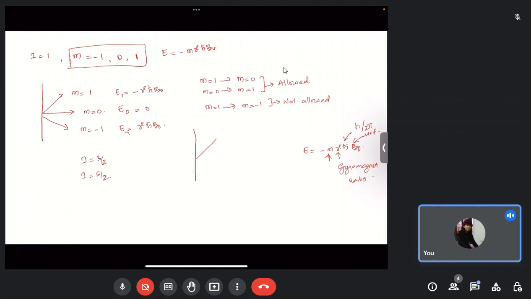So the two orientations allowed for a spin half nucleus are plus 1 by 2 or minus 1 by 2. So this is for one particular spin.